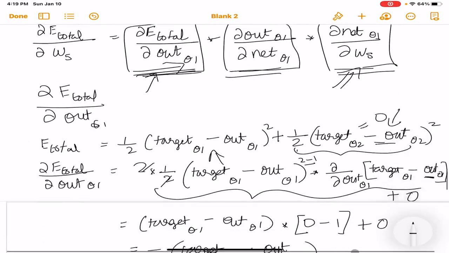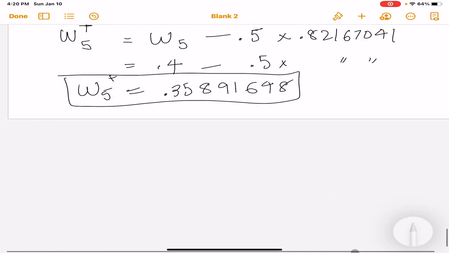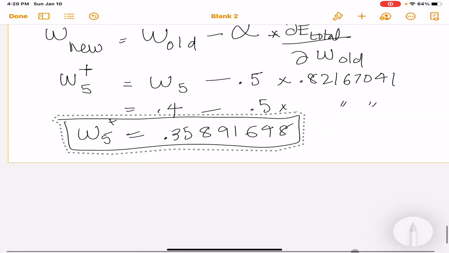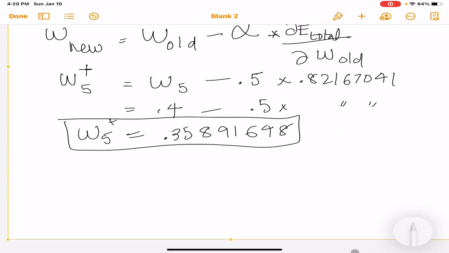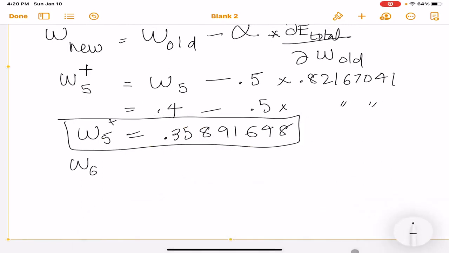In a similar way, we need to find the new value of W6, the new value of W7 and the new value of W8. So please try this at home. What are the new values of these weights?